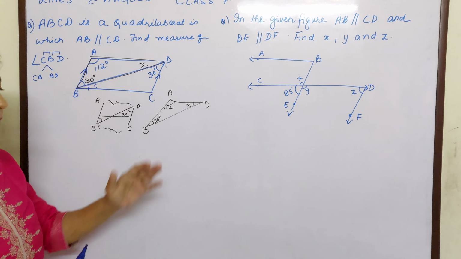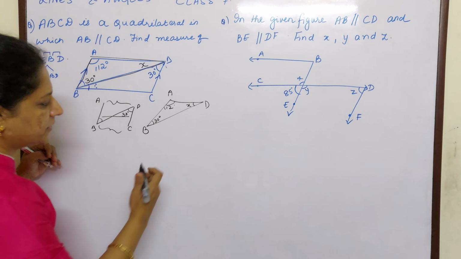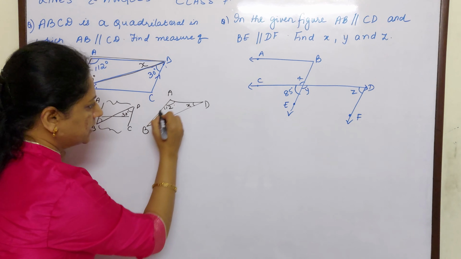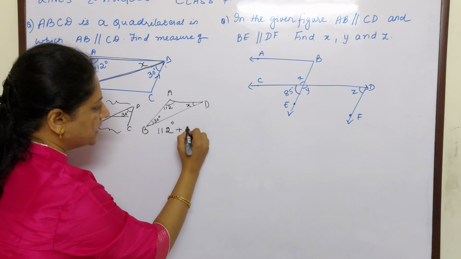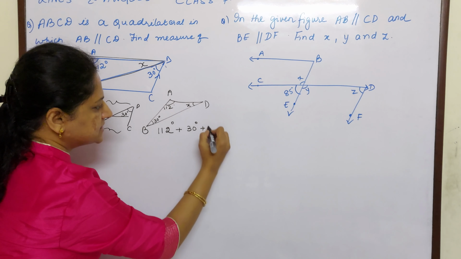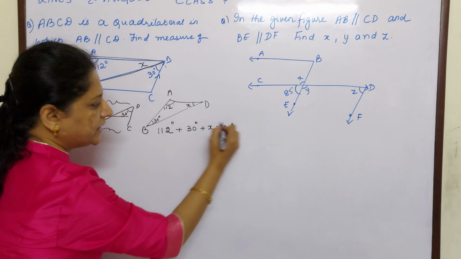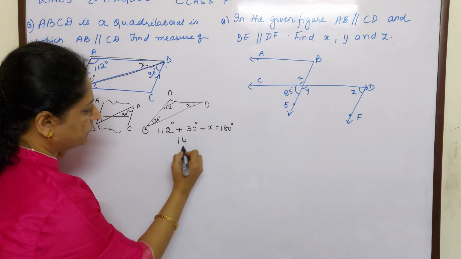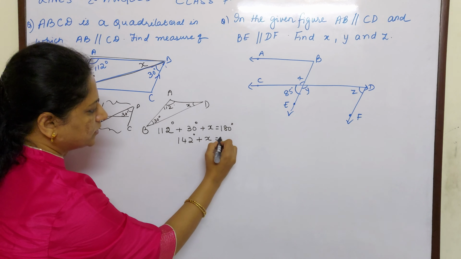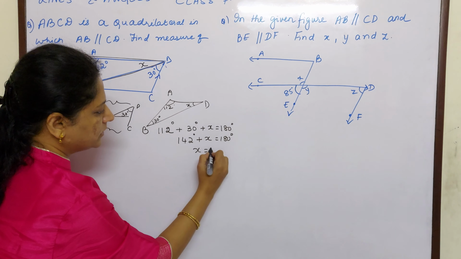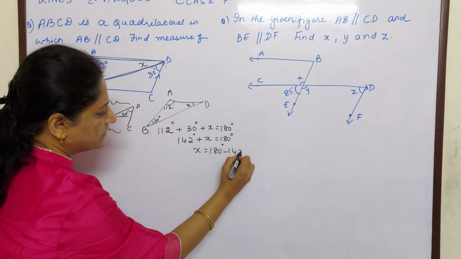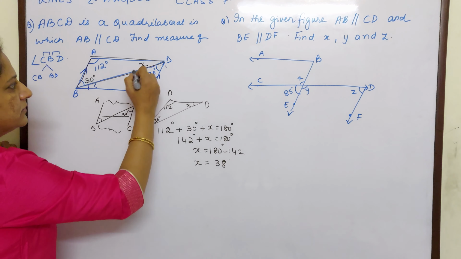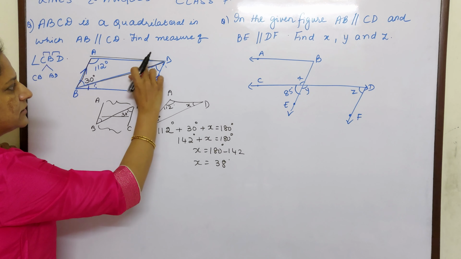Now according to the angle sum property of a triangle, the sum of measures of angles of a triangle is 180. That means 112 plus this 30 degrees plus this x will give me 180. So 112 plus 30 is 142, plus x is equal to 180. So x is equal to 180 minus 142. x is equal to 38 degrees. So we have got x as 38 degrees.